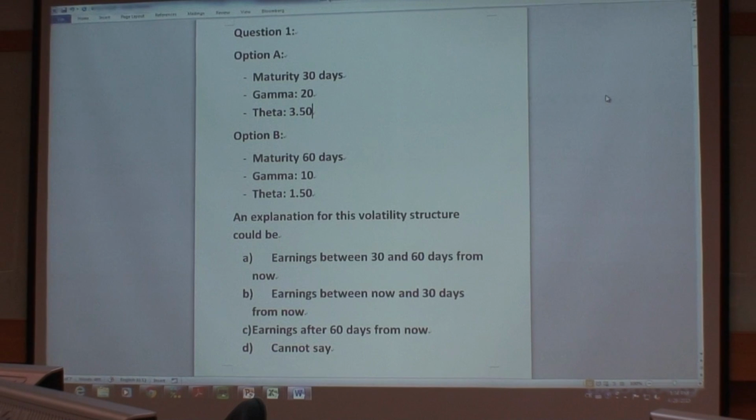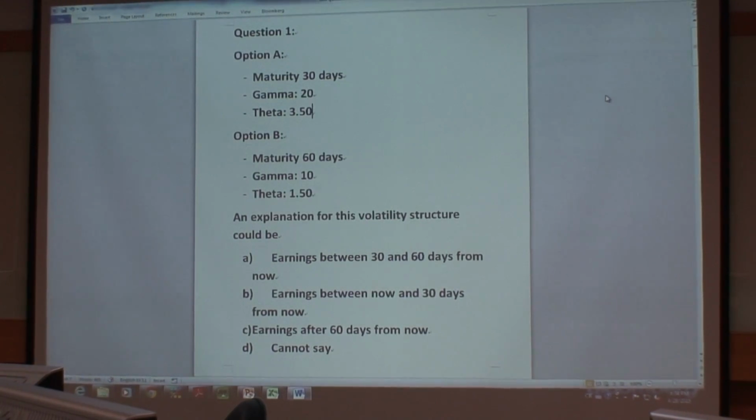But in option A, if I'm short gamma, I receive $3.50 a day. And owning the two options B, I only pay $3 a day. So in total, I now receive 50 cents in time decay.